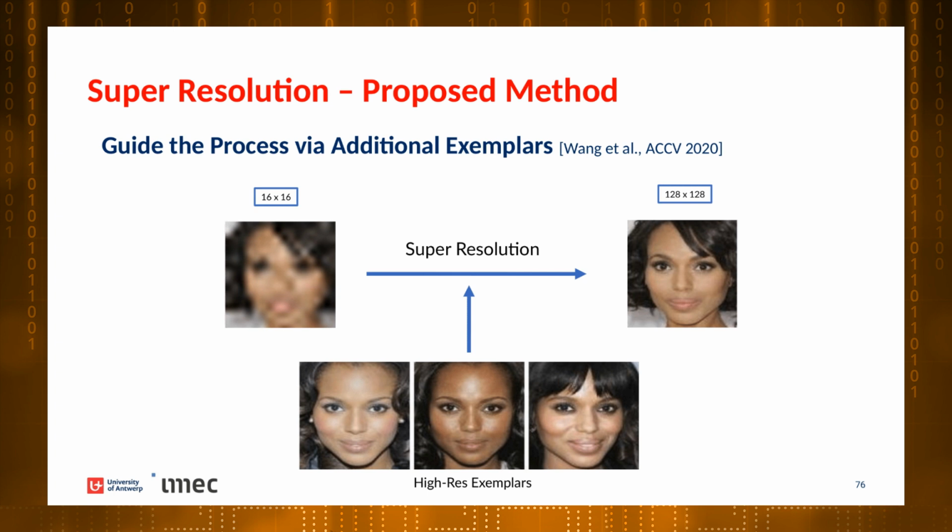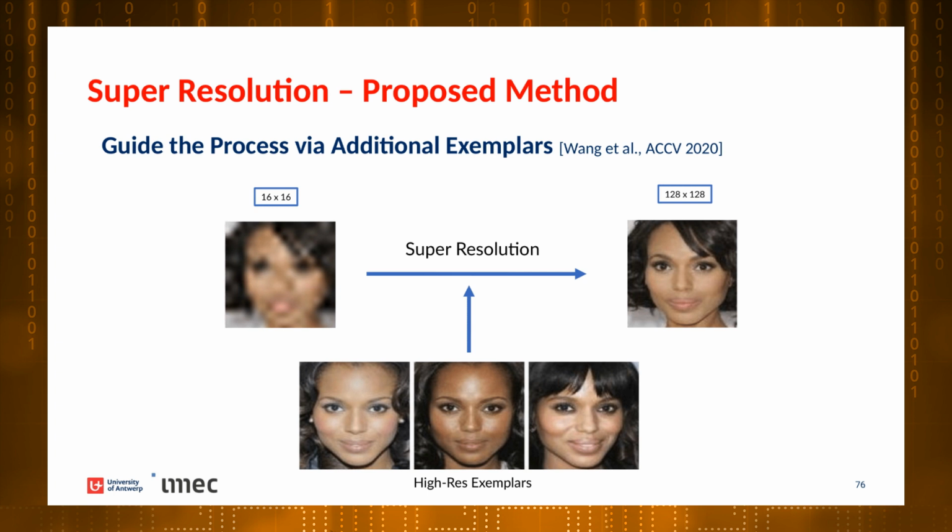And the way we solve this problem is by, in addition to the input, providing a set of high-resolution exemplars. In our case, the exemplars are nothing more than other images of the person that is in the pixelated image, but these exemplars are in high resolution.